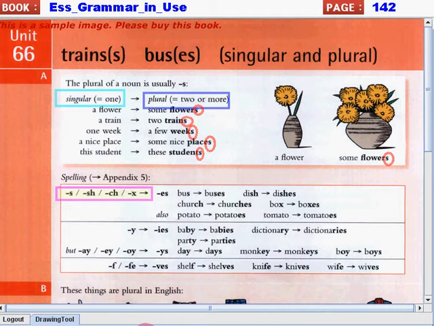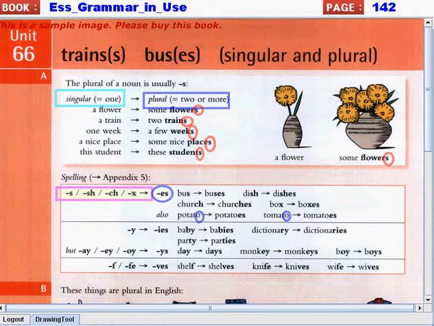Again, we have to add ES. For example, bus, buses. Dish, dishes. Church, churches. Box, boxes. Potato, potatoes. Tomato, tomatoes. So, as you can see here, if the words end with O, then we also have to add ES.